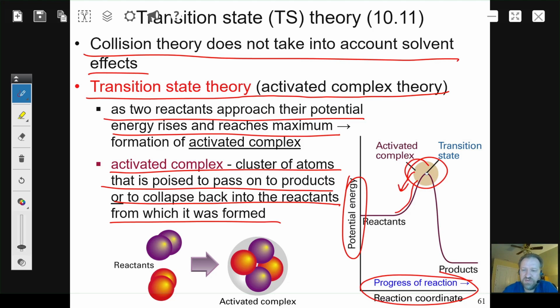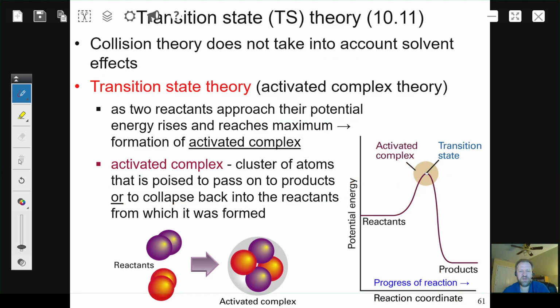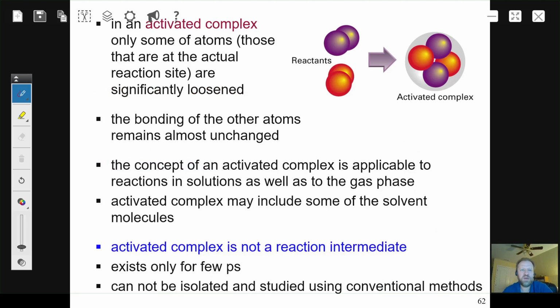Once it is formed, it can fall back into reactants, or it can go over the activation barrier and go on to form products. So let's think about what this activated complex may look like.